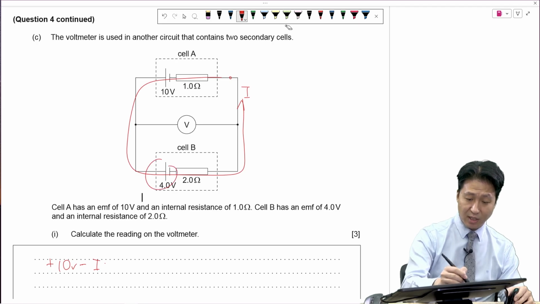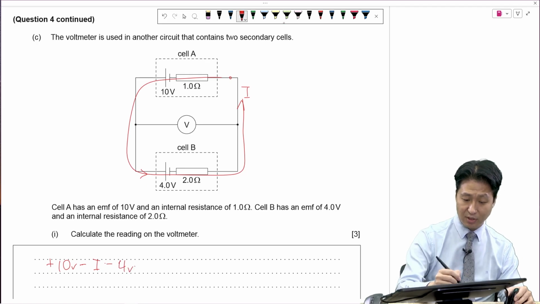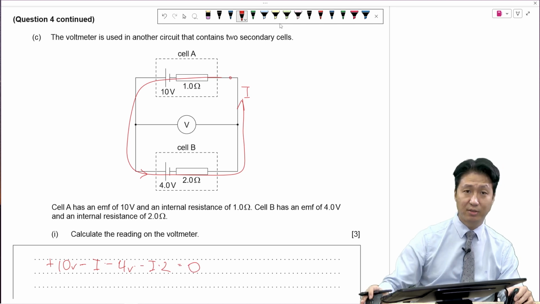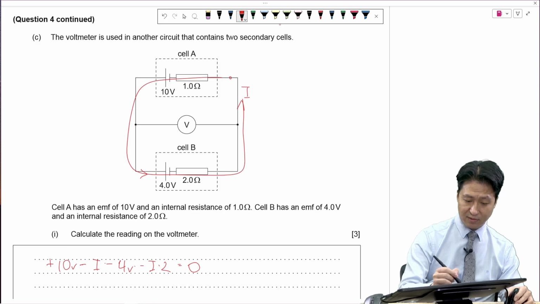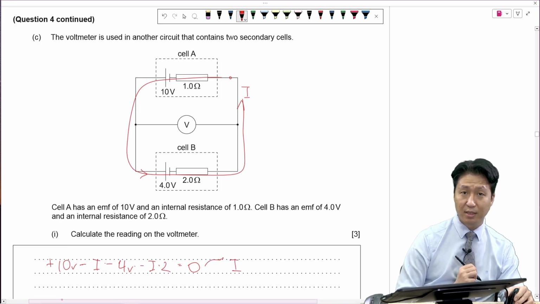Now here, it's going through the second battery in the opposite direction, so it's minus 4 volts. But it's still also minus the current times 2 ohms. And that's the end of the circuit, so equals 0. So first of all, you have to find what the current is. Using all of these values, you can find that the current is simply 2 amperes.